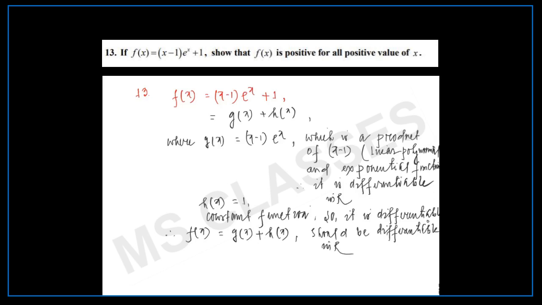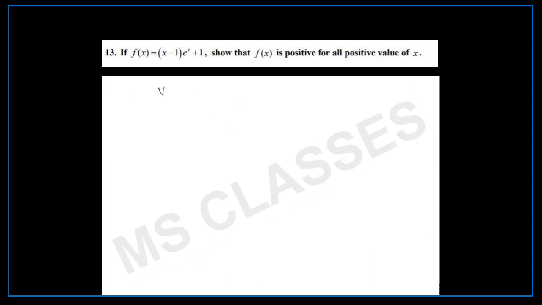Now, if we differentiate, f dash x is (x minus 1) e to the power of x plus e to the power of x. It is x into e to the power of x. Now, for all x belonging to (0, infinity), x into e to the power of x is greater than 0.